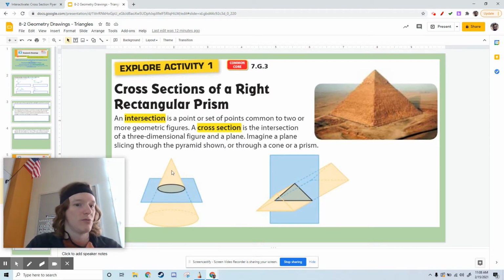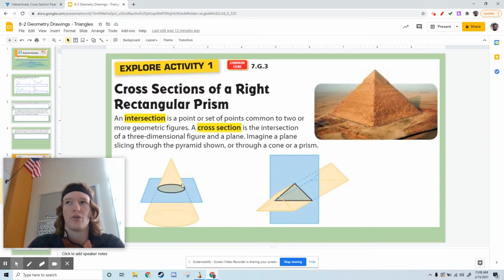There's going to be a yellow 3D shape drawn out as well as you can, and then this blue or greenish color plane figure that slices through it. And then this black is the intersection of our 3D shape and our plane figure.